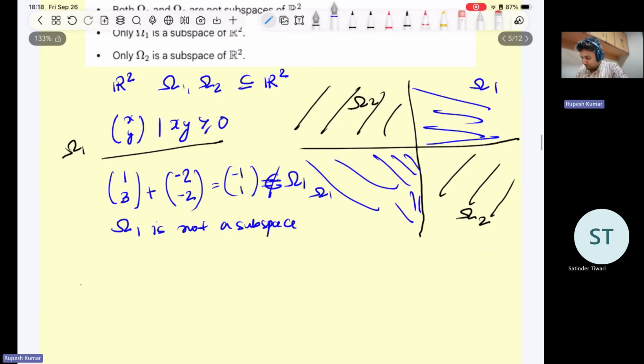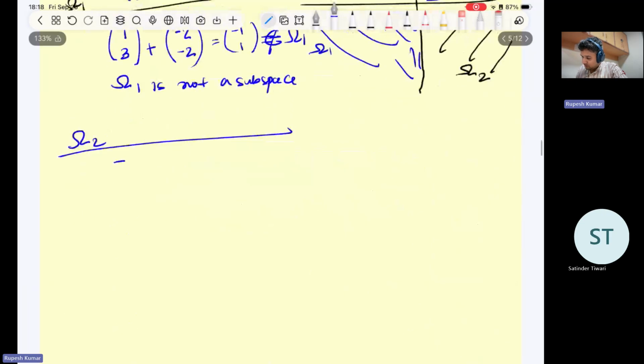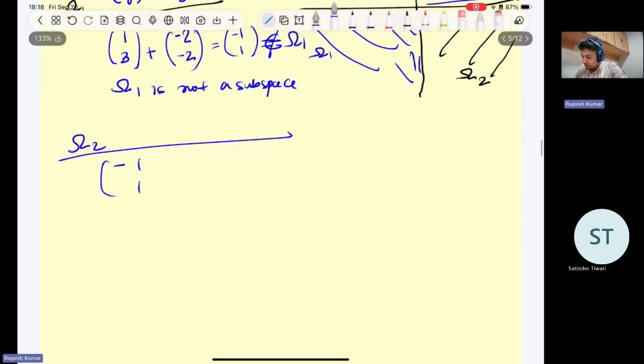Similarly, for omega 2, we can check this out. So do the same thing. You take the vector minus 1, 1, and then take 2, minus 1.